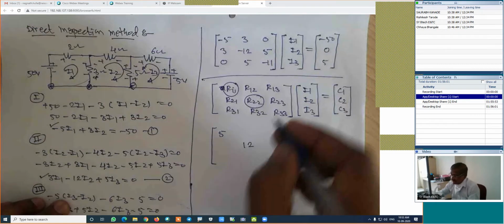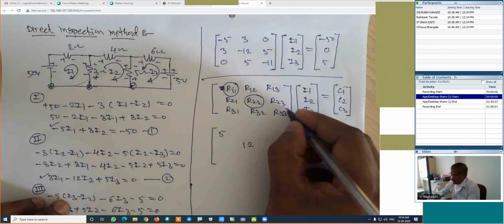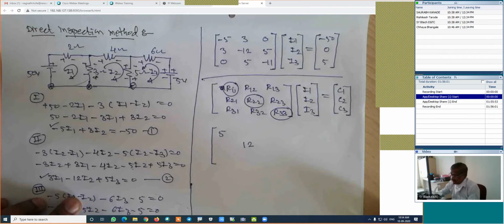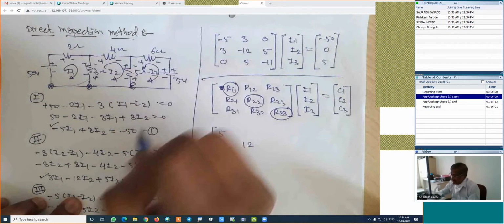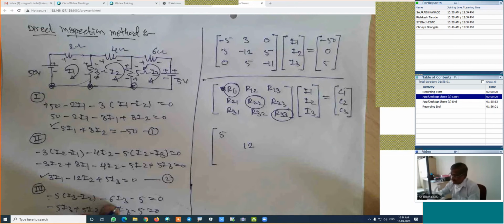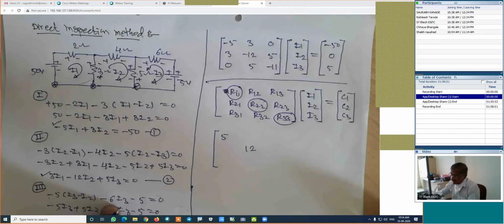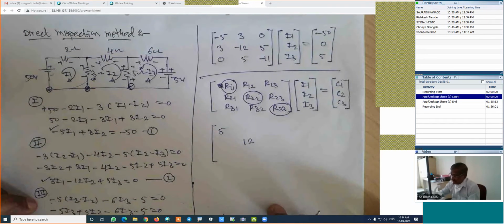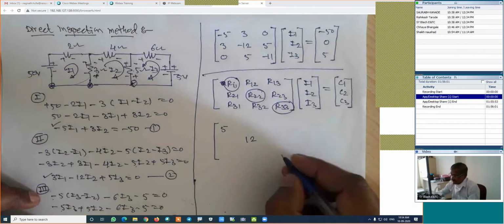Yes. Then we will find out the R33. R33 is the resistance of the third loop. Now here we will find out its value, which is 11.